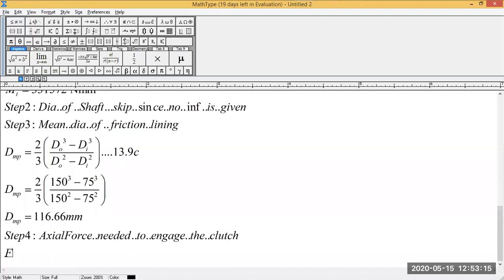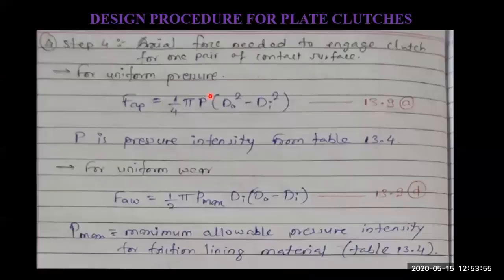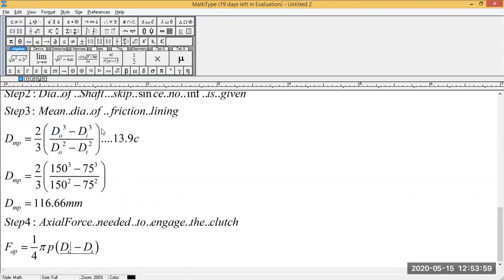So F A P, the axial force for uniform pressure, is equal to the fraction 1/4 into pi times P, which is pressure, and in brackets d naught minus d i, squared.